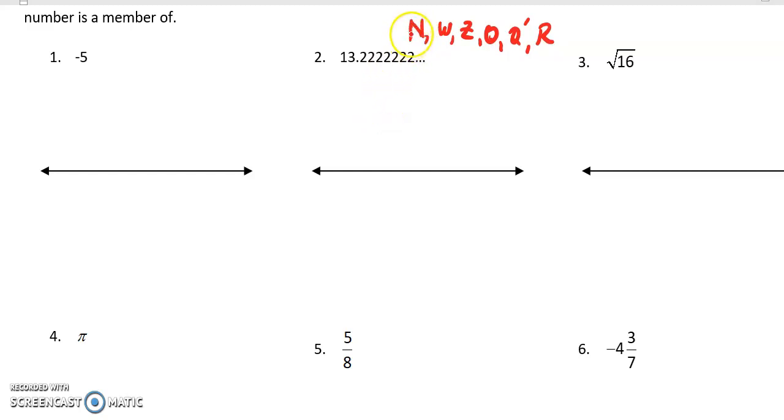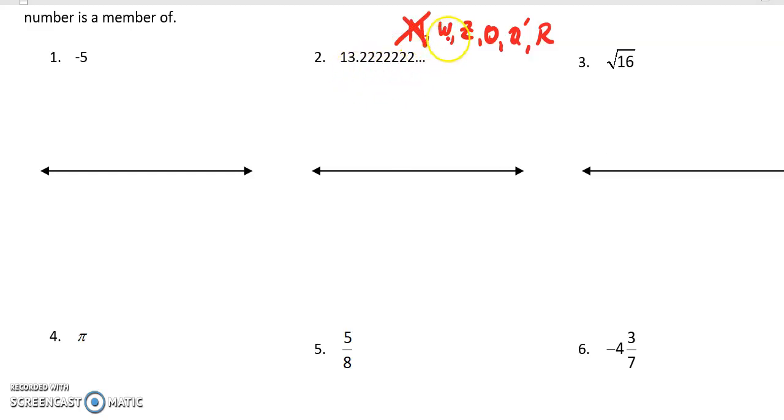Now, can you count to 13.2 repeating? No. If I started counting 1, 2, 3, 4, 5, 6, 7, 8, 9, 10, 11, 12, 13, you would not say 13, 13.2 repeating, 14. You would never say that, right? So I know that 13.2 repeating is not natural.